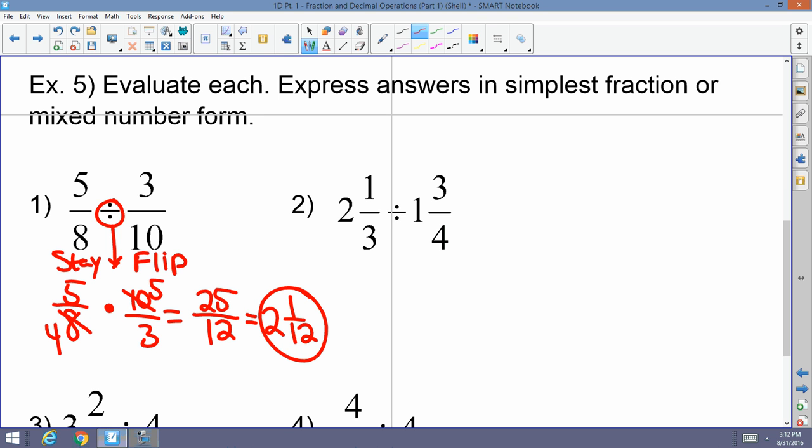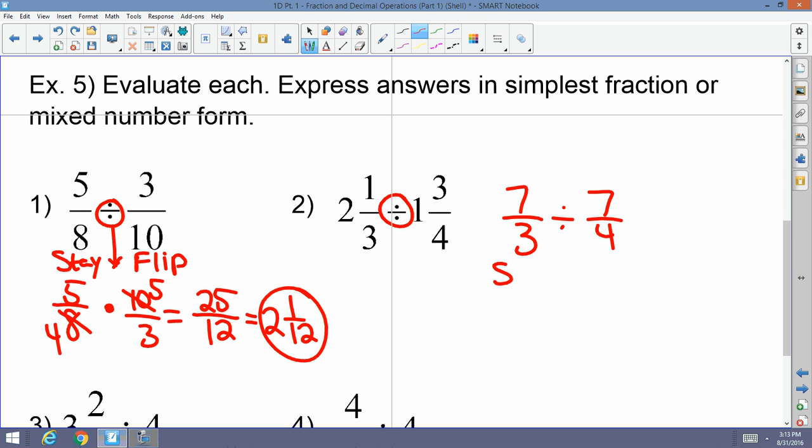Number 2, warning, warning, warning, caution. Please convert the mixed numbers to improper fractions first. Do not change the division sign yet. Just convert, please. So 3 times 2 is 6 plus 1 is 7/3. Divided by 4 times 1 is 4 plus 3 is 7/4.